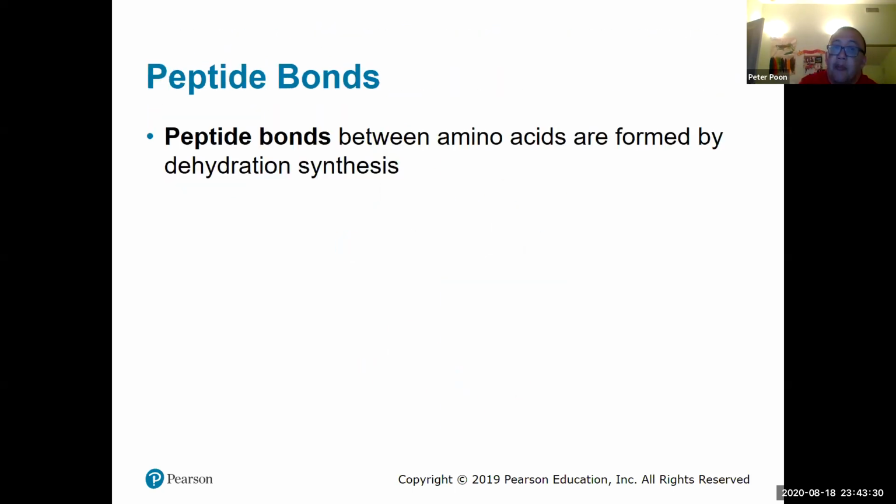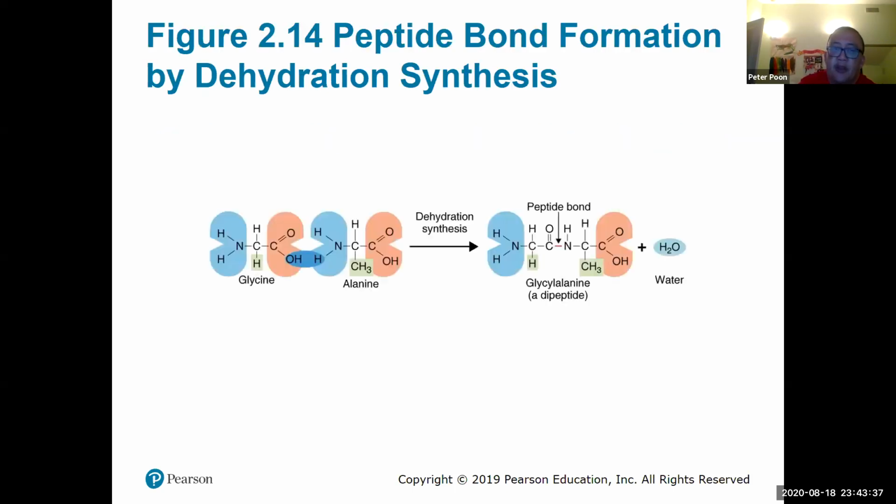Peptide bond is important. A peptide bond is formed between two amino acids by dehydration synthesis. So here, the carboxyl group and the amino group actually lose the water and you form a peptide bond.